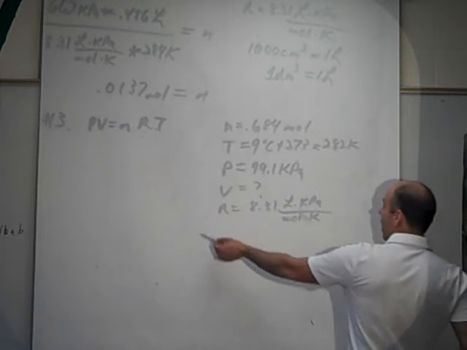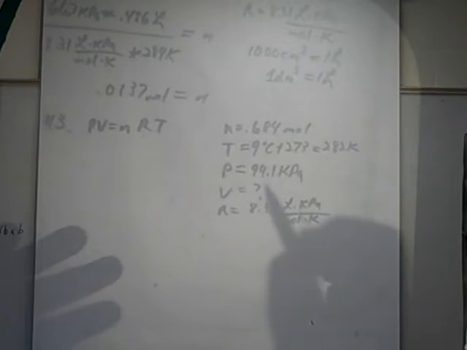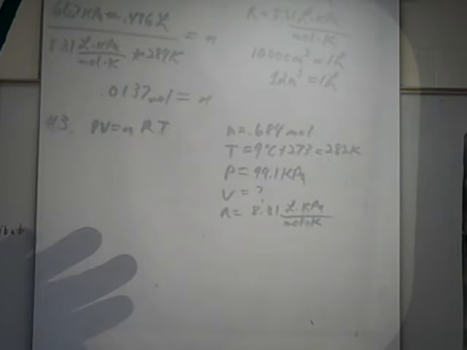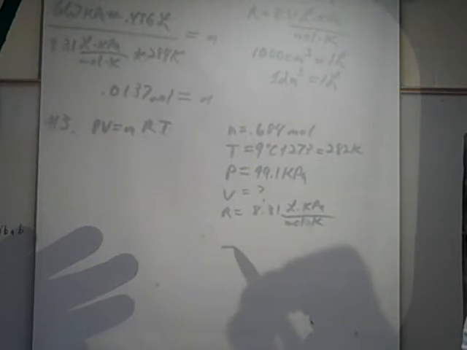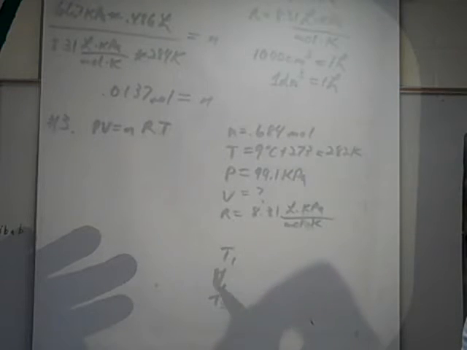Now, why do I write out everything I know every single time I do a problem? It helps you pick out the right equation. The only equation that has n, T, P, and V in it is the ideal gas equation. If you have T1, V1, T2, and V2, then you're going to use Charles's law.